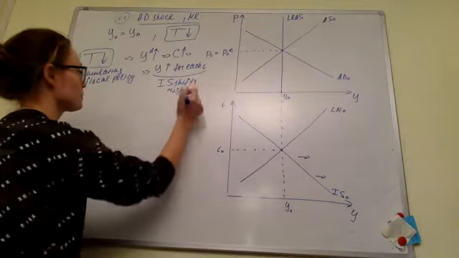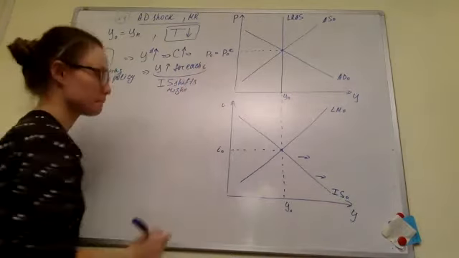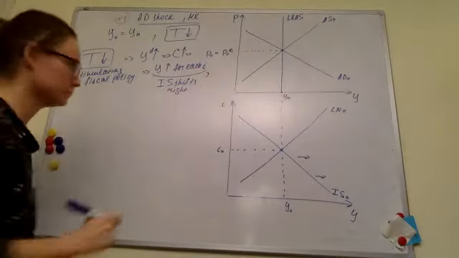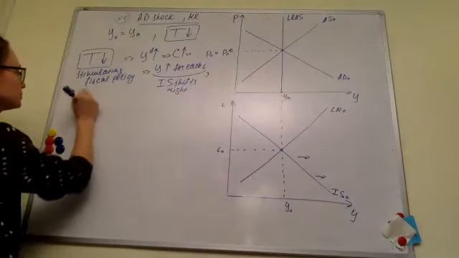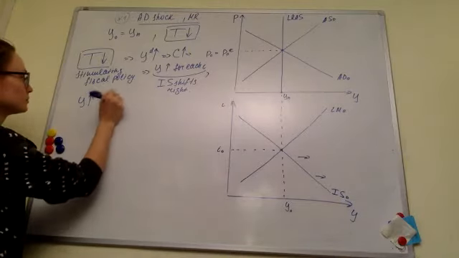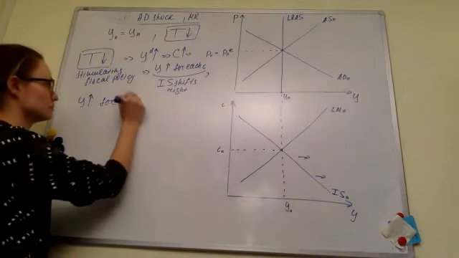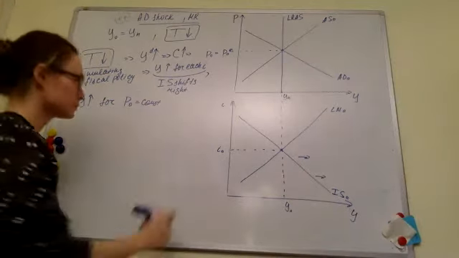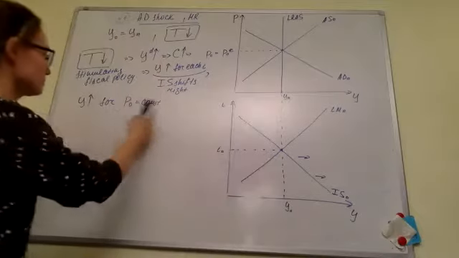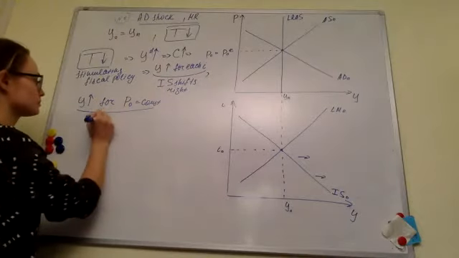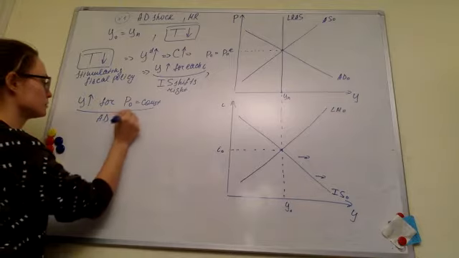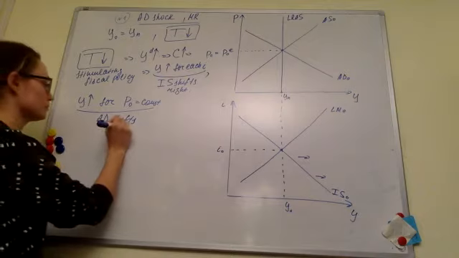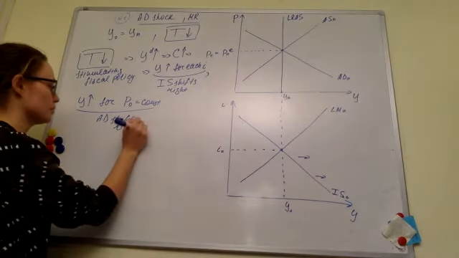And also we can see the shift of AD, aggregate demand, because our prices are not changing, but we have the change of output. Our output goes higher, and it leads to the shift in AD. It also shifts to the right. Yes, exactly. Okay, thank you.